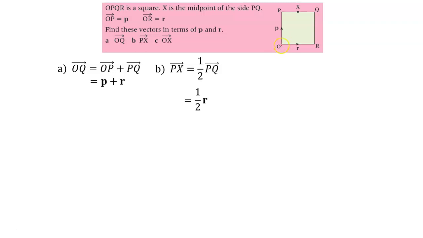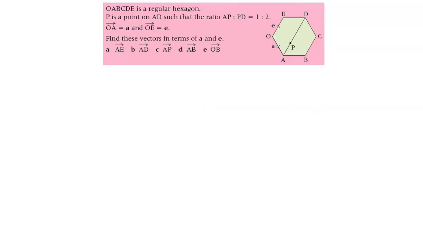And then to get from O to X, I have to go O to P, P to X. So O to P is the vector P, P to X, which we've got here, was half R. Give you a moment to read this one.